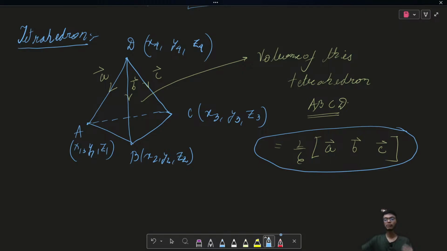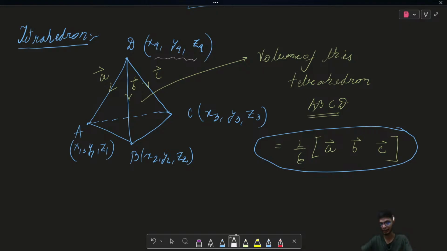However, if I need to find this volume by using the coordinate points, I know that when solving for this scalar product, we actually have to use the coordinates to take out the values of the vectors, right?